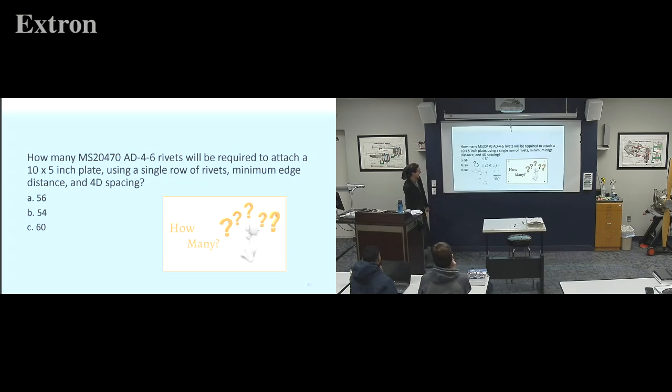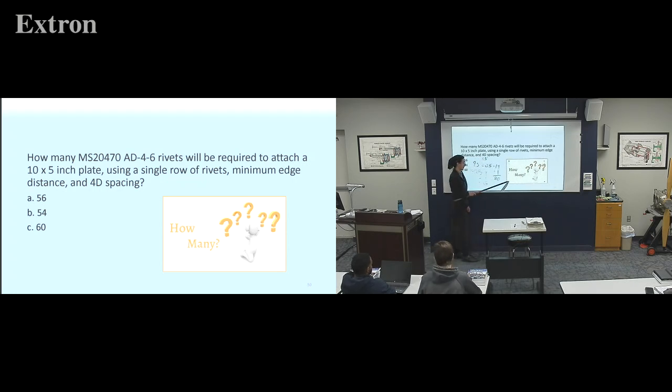Okay. Anyone for 54? All right. So the reason it does that is because, and I circled these little tricky guys, if you said it was 60, you would be counting these twice, because these end ones are part of this row of 10. This one is also part of this row of 20.